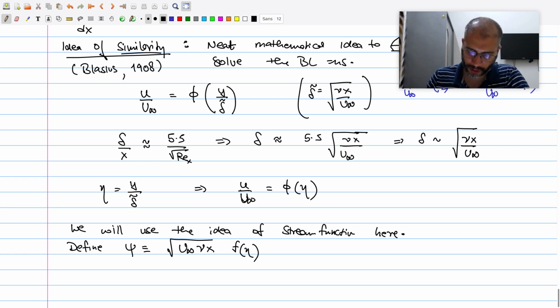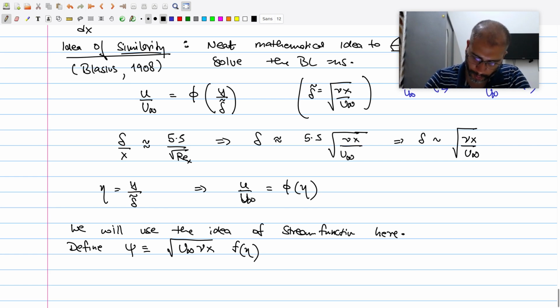So we define our psi as some constant, square root of u infinity nu x, times some unknown function f, which is a pure function of eta. It's completely allowed. We don't know if this is going to satisfy or not, but let's try to work it out.